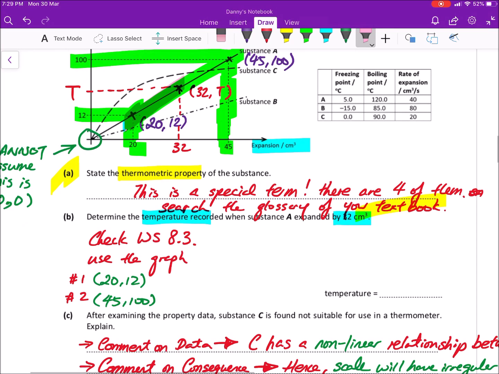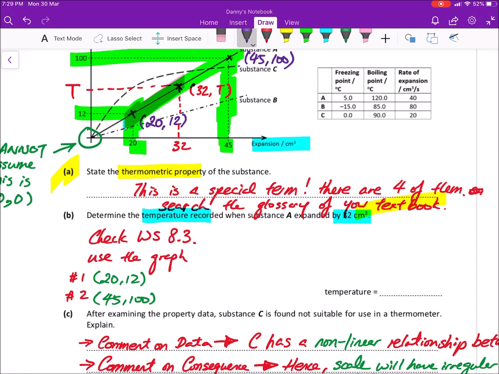So you can compare the gradient. For example, 145 minus 12 over 20 is the gradient between this point and this point, and it must equal the gradient between this point and the point that you are trying to find. By solving this, you can find the unknown T.